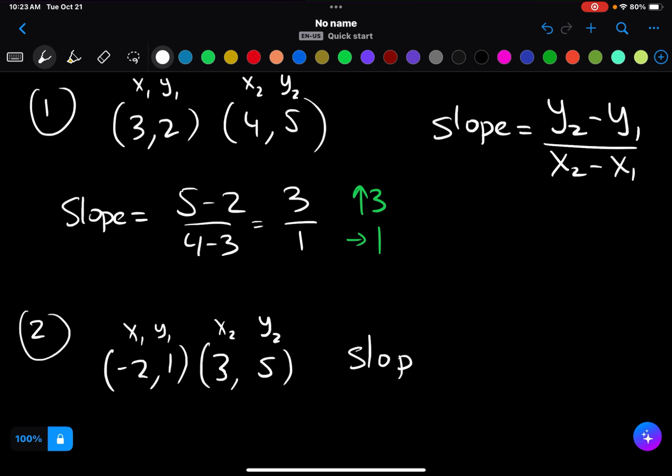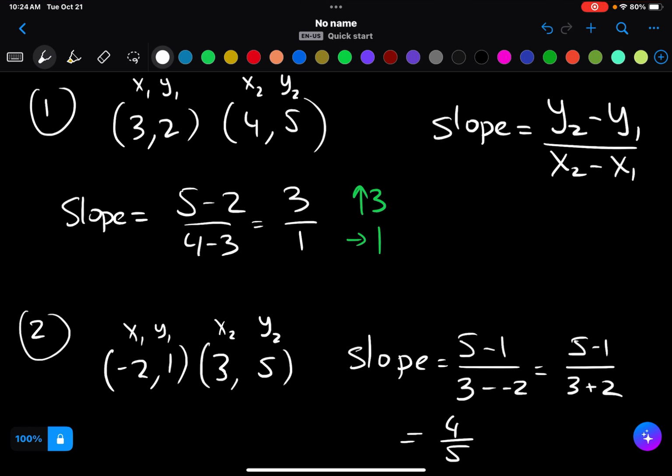So slope is going to be y2, which is 5, minus y1, which is 1, all over x2, which is 3, minus x1, which is negative 2. So it's going to be 3 minus a negative 2, so double negative, which means it's going to be 5 minus 1 over 3 plus 2, which is going to be 4 over 5.